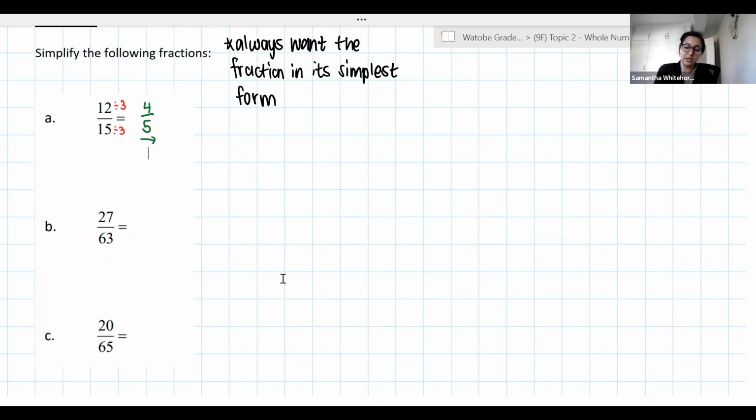If you're going to put answers on the chat, please just remember to number them. So say B and then the answer, and then C and then the answer, just so that we know which is which. And all of your answers should be a fraction, because remember, I want you to simplify the fraction.